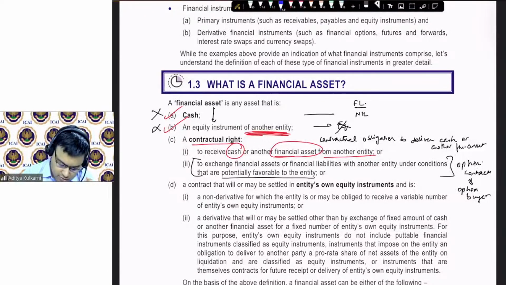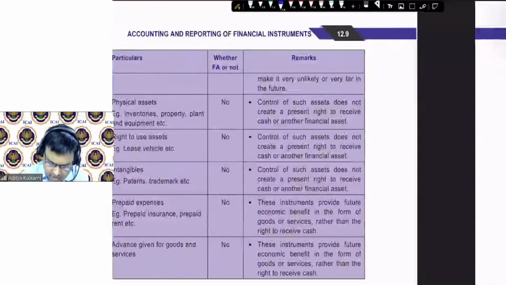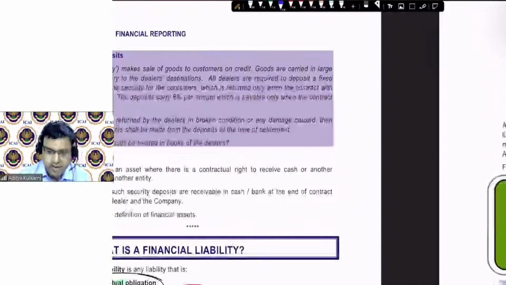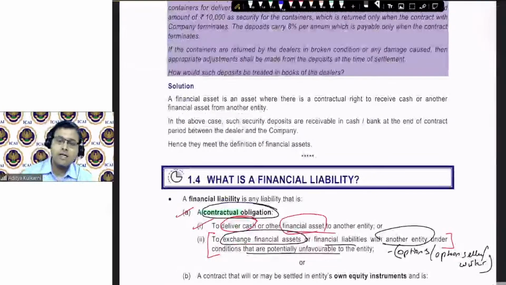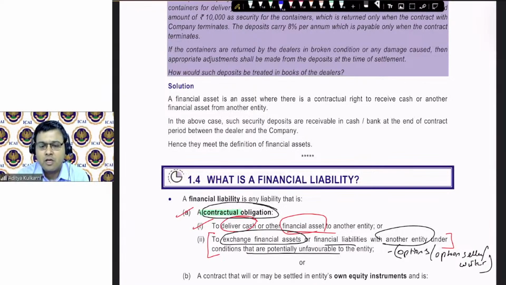And we have also seen what is a financial liability. Obviously cash is not a liability, so that won't come. Own equity sits under equity, so it will not be here. So this turns out to be a contractual obligation to deliver cash or another financial asset to another entity. This was what we had seen in detail in the last session.